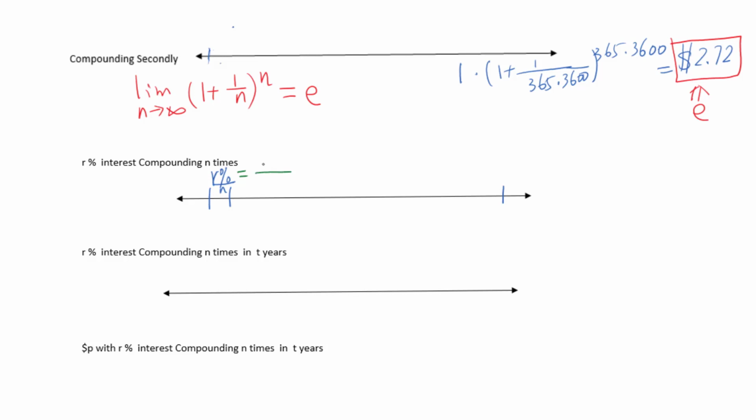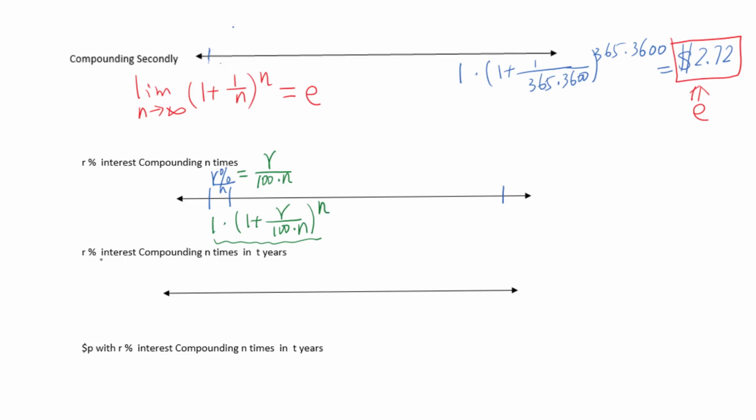Basically means r over 100 times n. After the first period, you will earn 1 times 1 plus r over 100 times n. Then it will be compounded n times, so to the nth power. This will be the money you will get from a bank.